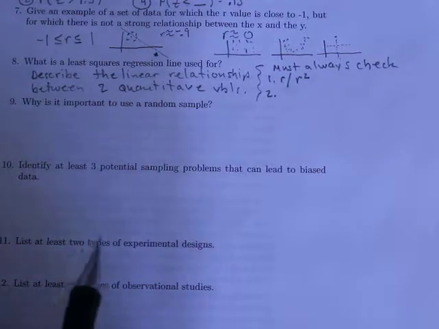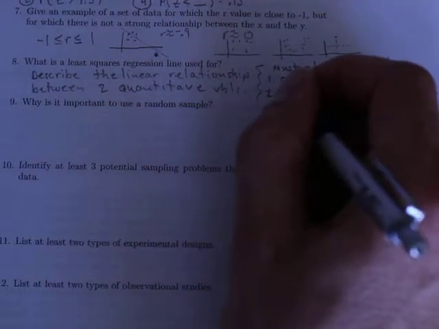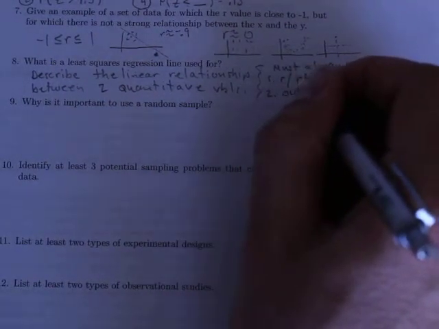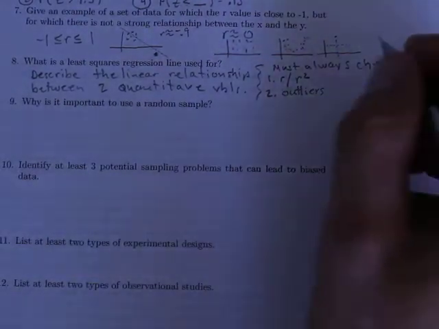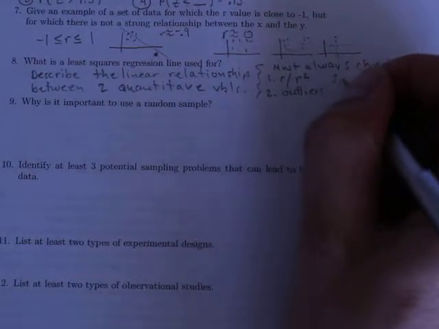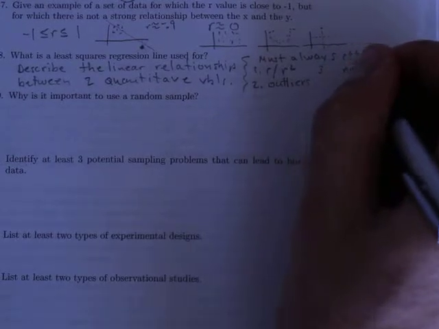Second thing you should always check when using a least squares regression line is for the presence or lack of outliers. Those can highly influence the R value and the regression line and may lead to strange results. Third thing you should always check is check for nonlinear relationships.